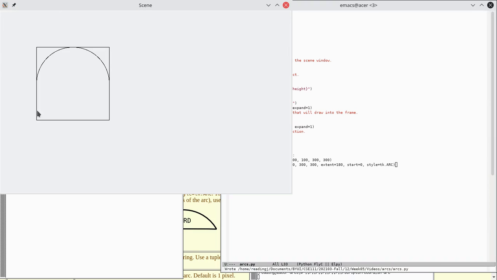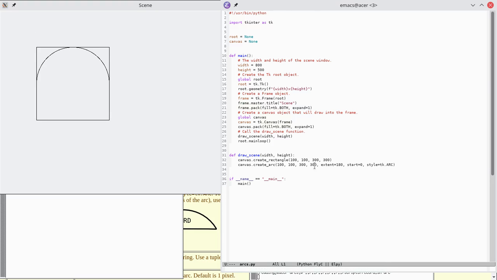So here's the bounding box, and our arc is centered in the middle of the box, and it starts over here, goes 180 degrees. Actually, it might be a little bit better if I said, first off, we're going to reverse these. I like to think of the start angle first. So we're going to start it at 20 degrees, and we're going to make it go for 140 degrees.